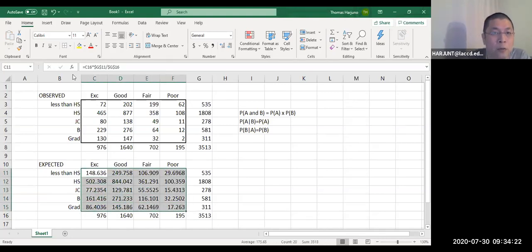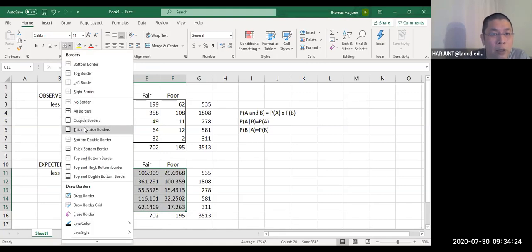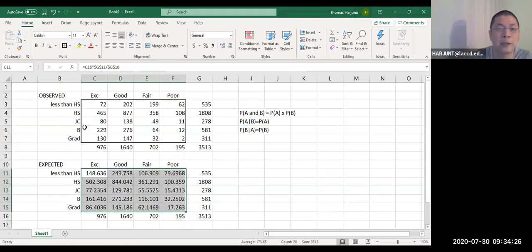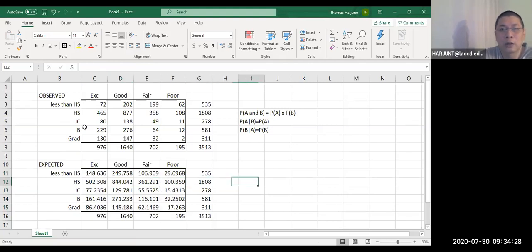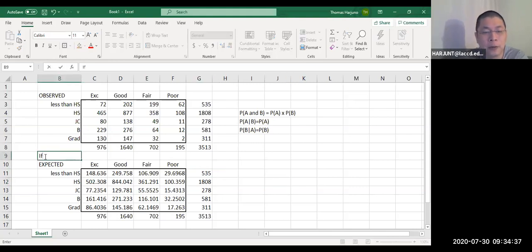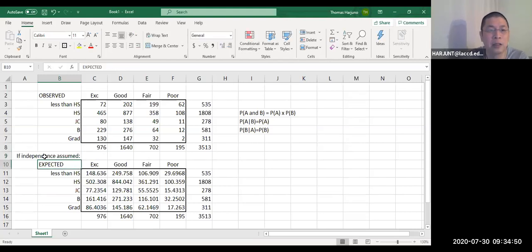Now from here, if you want to go back to your calculator, then you plug this in. So, if independence is assumed, then the expected table will be like that.